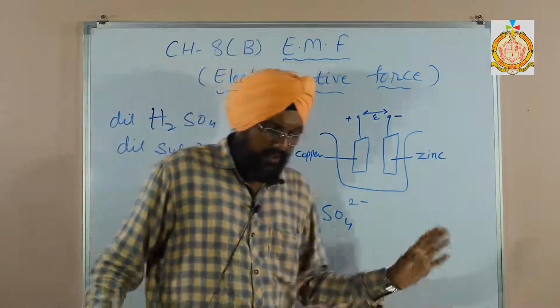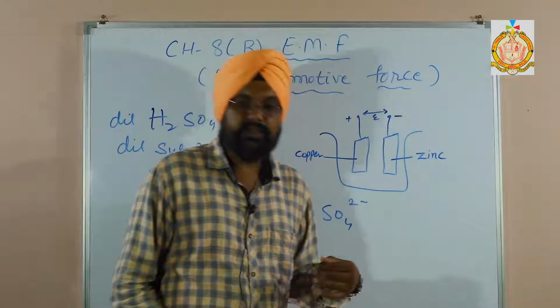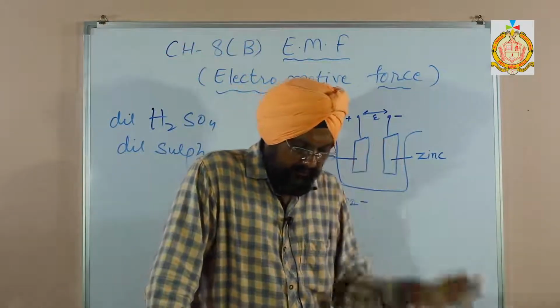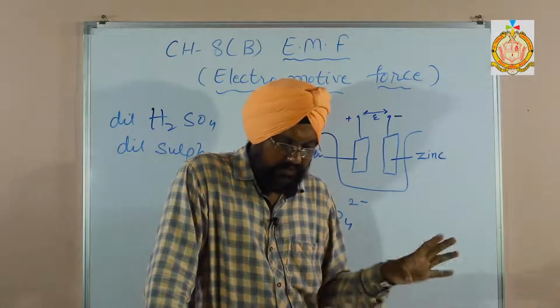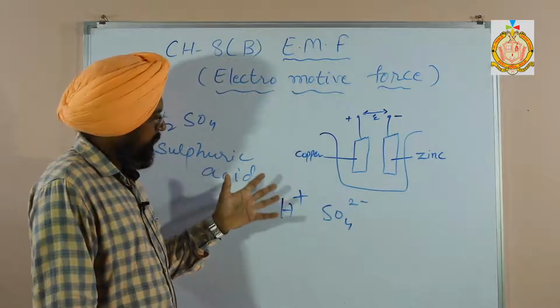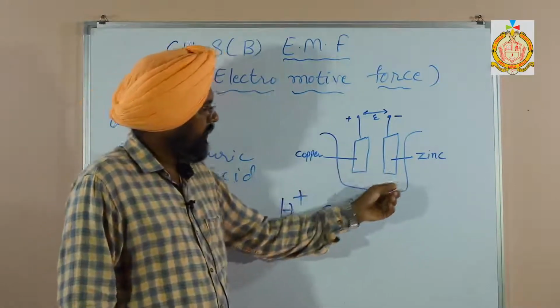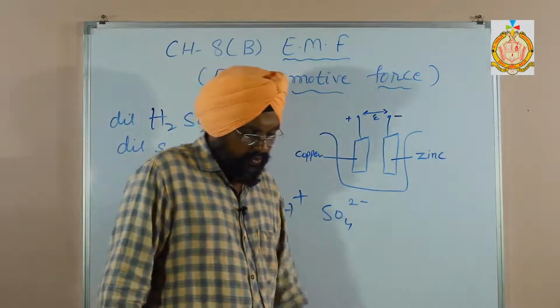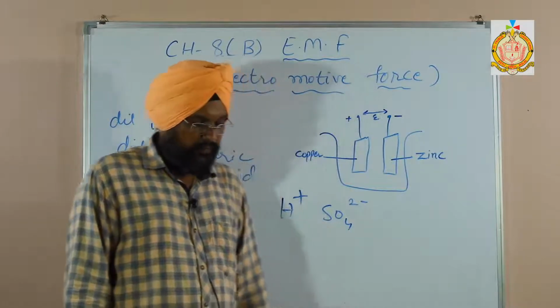So the chemical action creates a difference in the concentration of electrons. This difference between the two electrodes results in the zinc electrode acquiring a negative potential and the copper acquiring a positive potential. This is called the electromotive force.